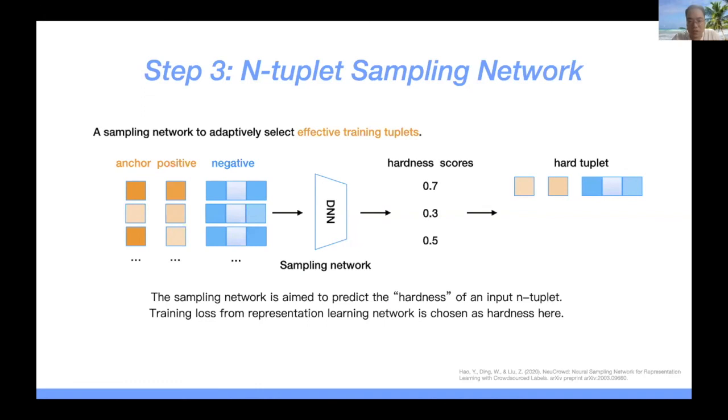We train such a sampling network as a supervised model. The model takes groups as input and predicts the hardness of each group. Later, for the next iteration, we use this sampling network to rank all the possible groups, and we take only the groups with very high hardness scores into the training groups for the next iteration.